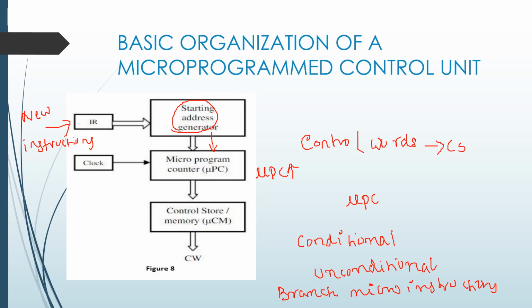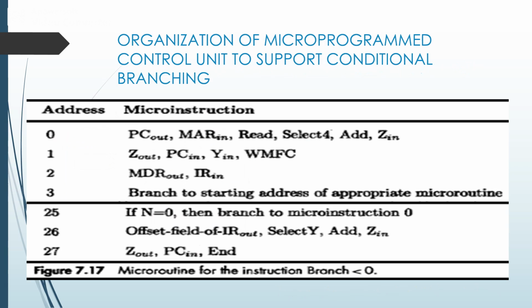These micro instructions specify the branch instruction's branch address. They can also indicate which external inputs, condition codes or bits of the IR should be checked as a condition for branching. Here we can observe the micro routine for an instruction with conditional branching.